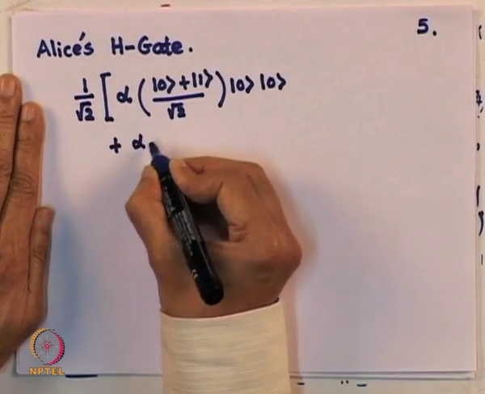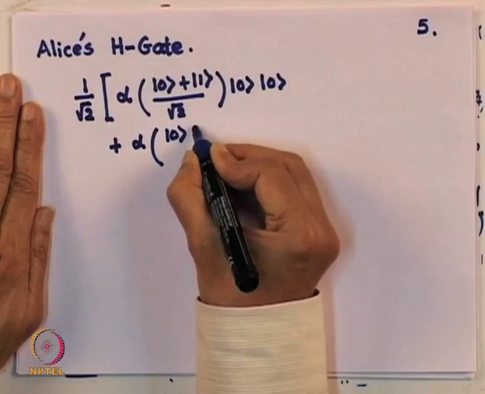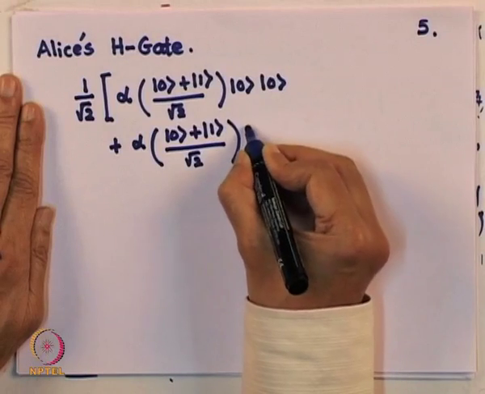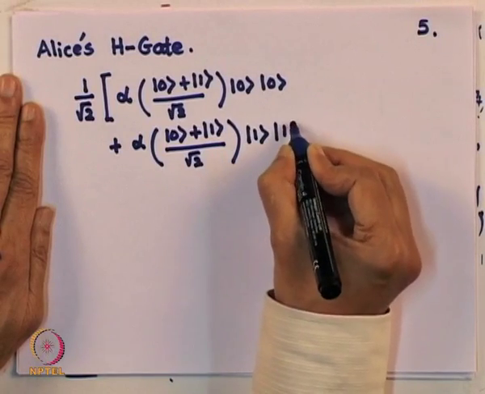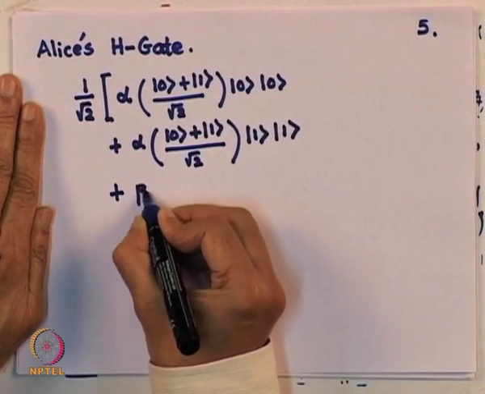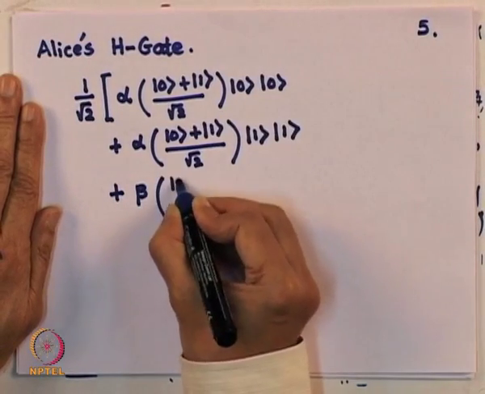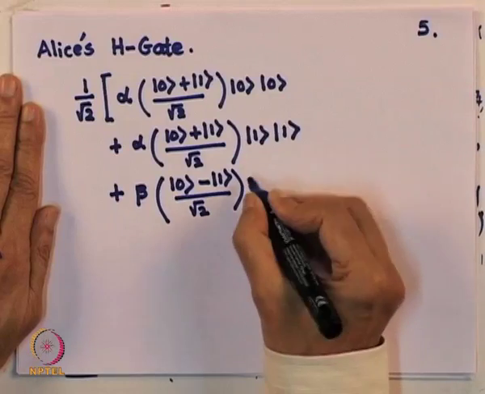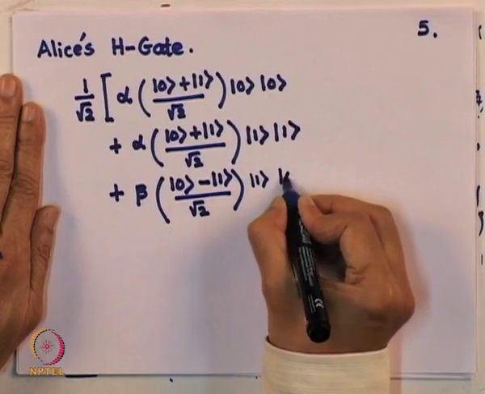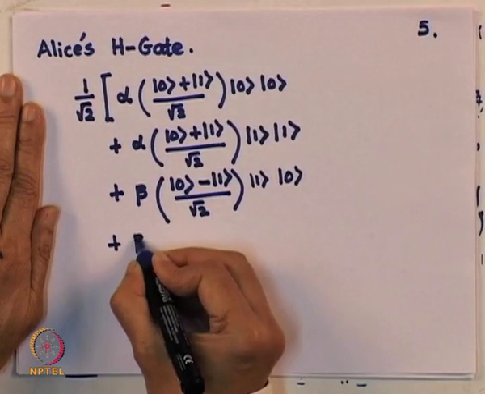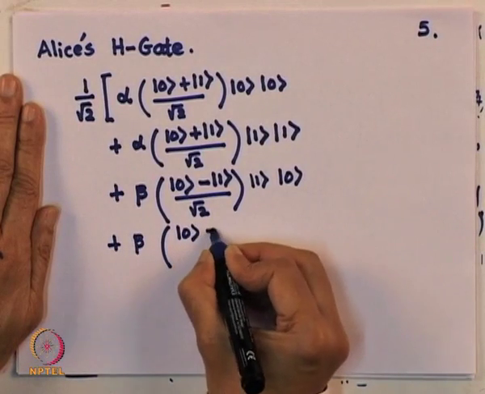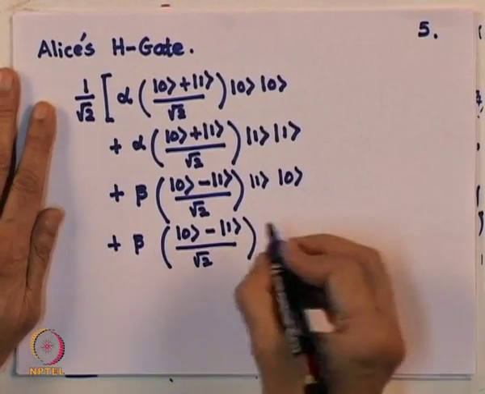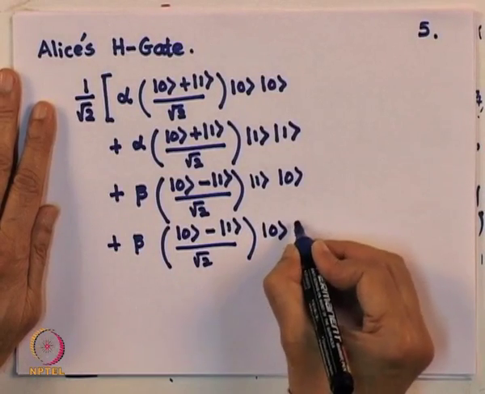The second one again is the same because the first qubit was 0, so alpha 0 plus 1 by square root of 2, and this was 1, 1, plus beta, so this was 1, so it will become 0 minus 1 by square root of 2, and this is 1, 0, plus beta, once again 0 minus 1 by square root of 2, and of course this is 0, 1.